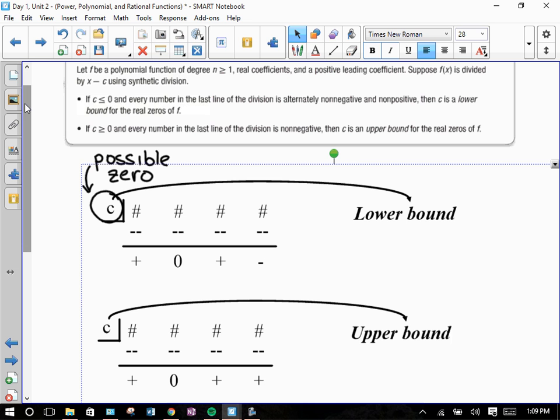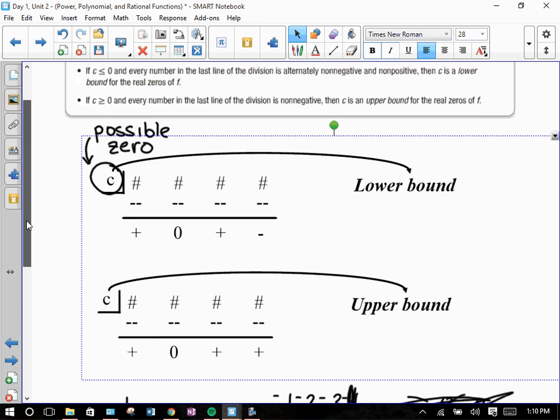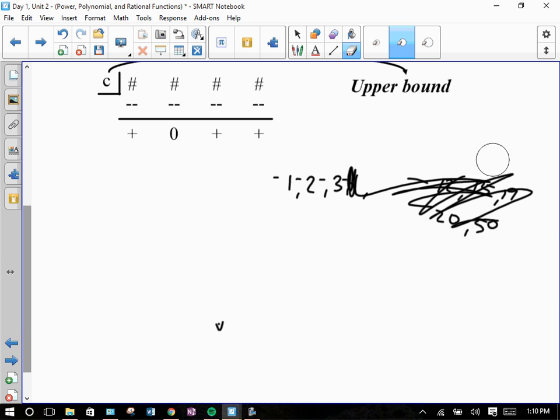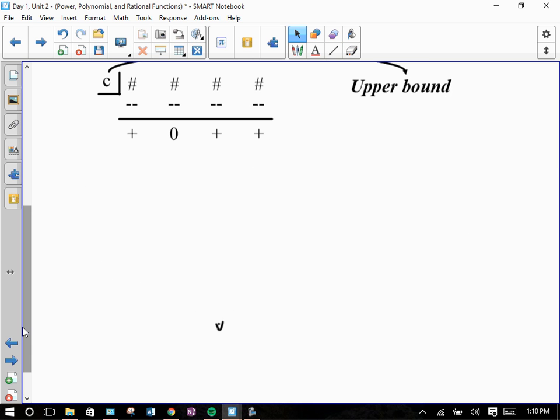0 is considered non-positive and non-negative, so as long as it alternates, as long as you don't have 2 positives next to each other or 2 negatives next to each other. Say we got positive, positive, negative, positive.